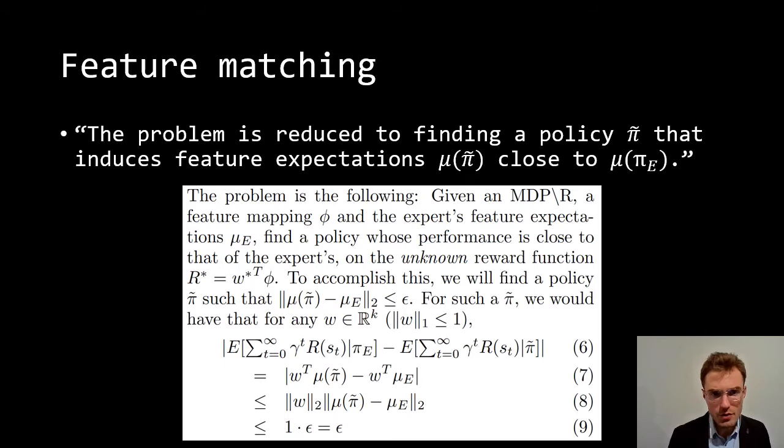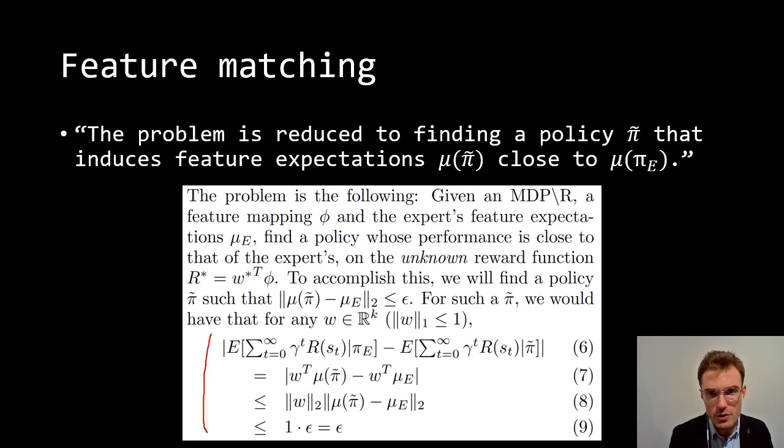An important result is brought by this pioneer paper, where the following result is: for the policy to be guaranteed to perform as well as the one of the expert, it is enough if you are feature matching. So if you match the feature expectation, then you will get a policy that is not worse than the expert's one.